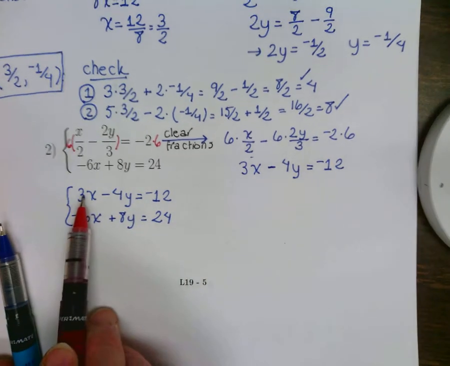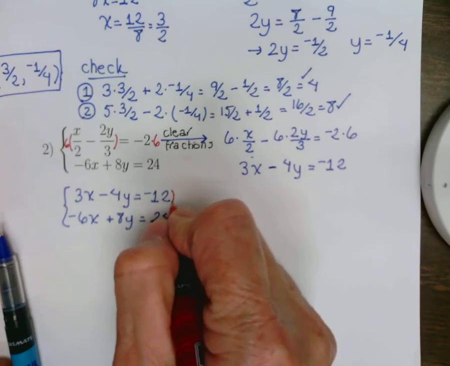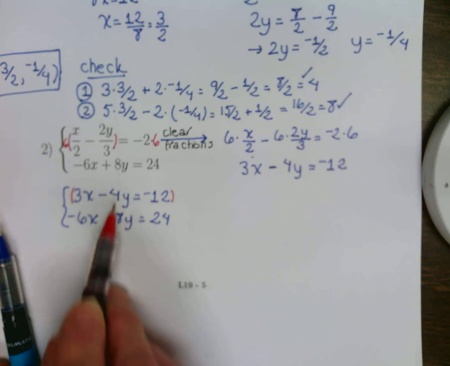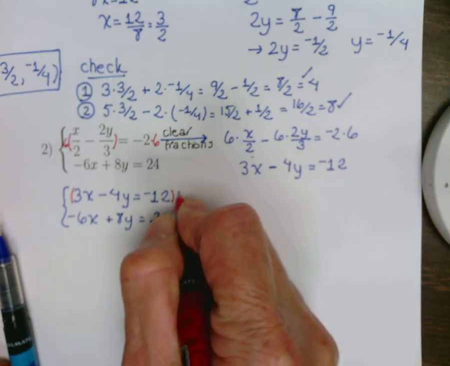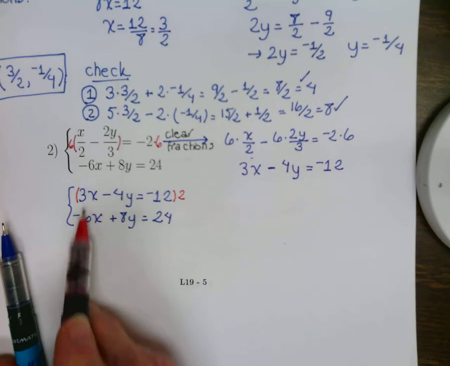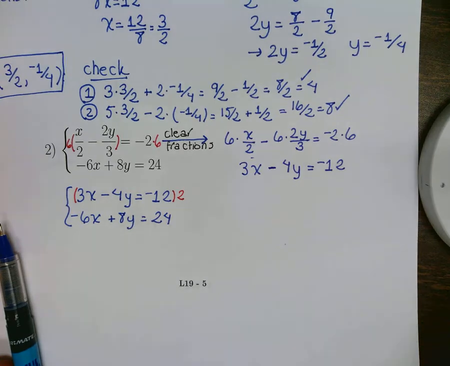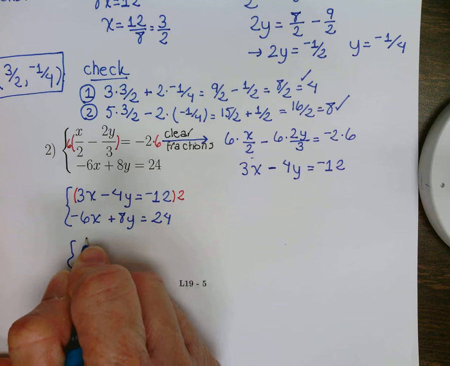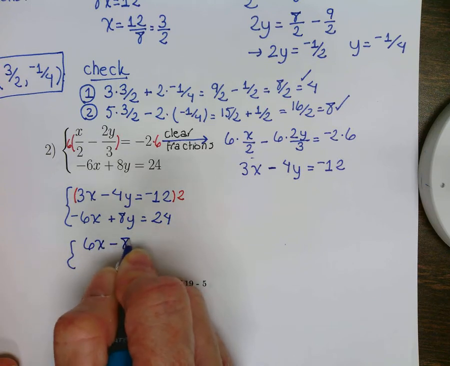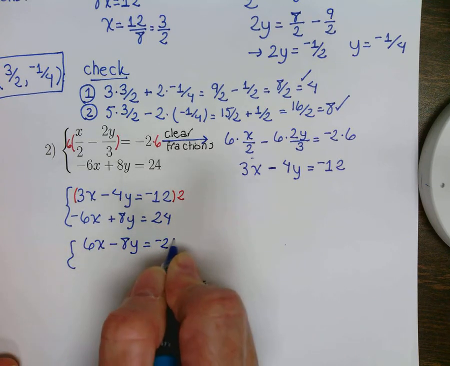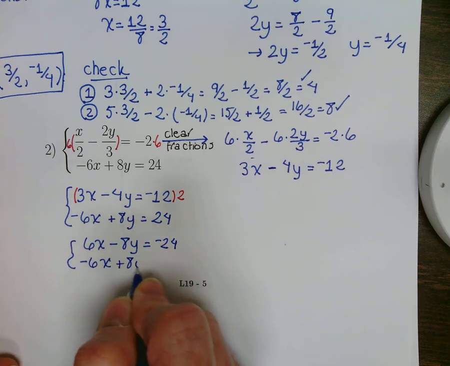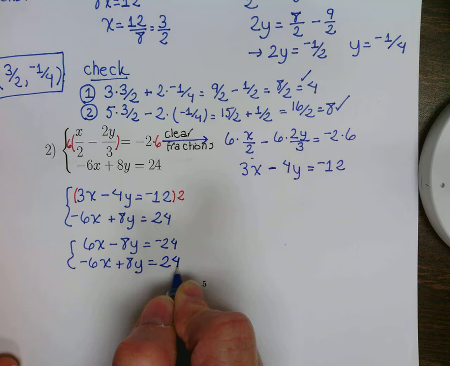Notice that if I multiply by 2, I should get a cancellation because I'll have negative 8y plus 8y, or I'll have 6x and negative 6x. So that's going to give me a new system. 6x minus 8y equals negative 24, minus 6x plus 8y equals 24.